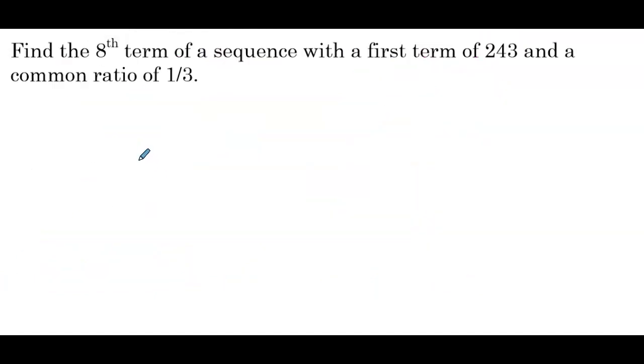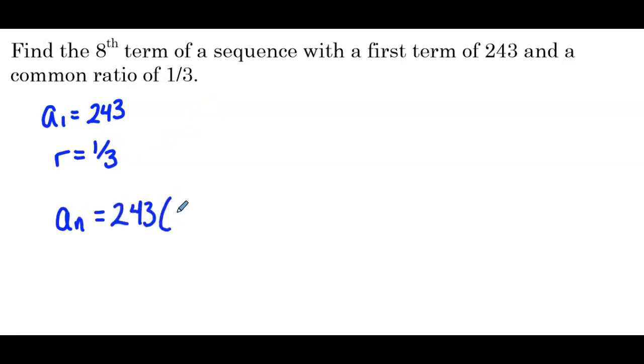Find the eighth term of a sequence with a first term of 243 and a common ratio of 1/3. So now we're actually going to use our formula to find another term in the sequence. So first term of 243, so a sub 1 equals 243. Common ratio is 1/3. So our formula is a sub n equals 243 times 1/3 to the n minus 1.